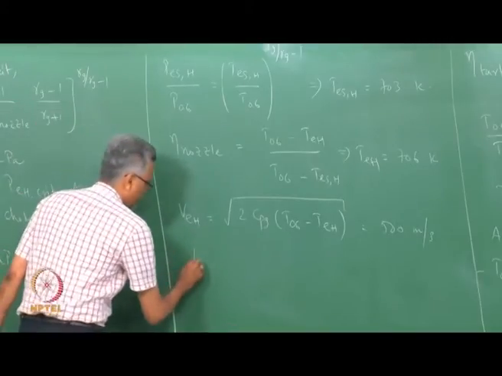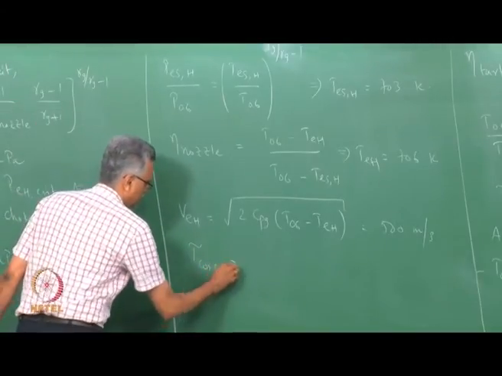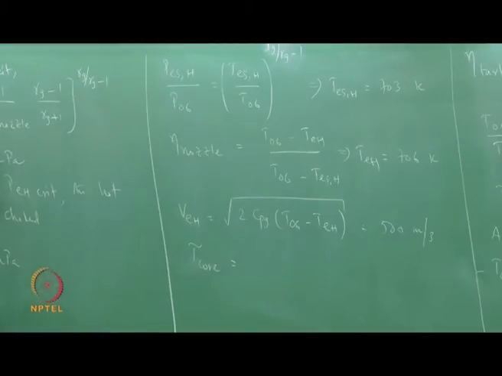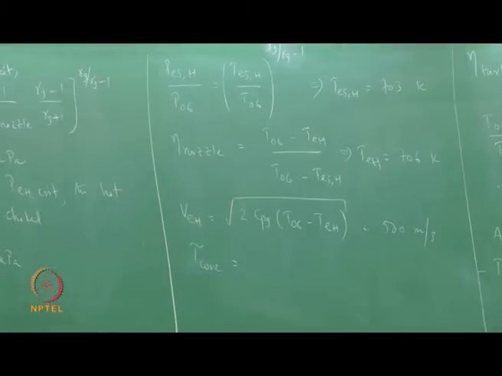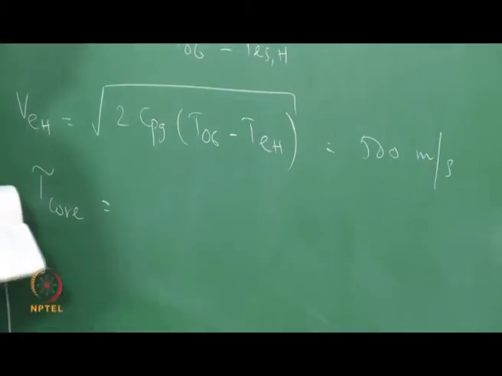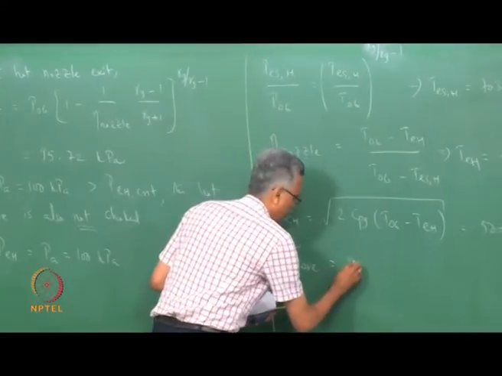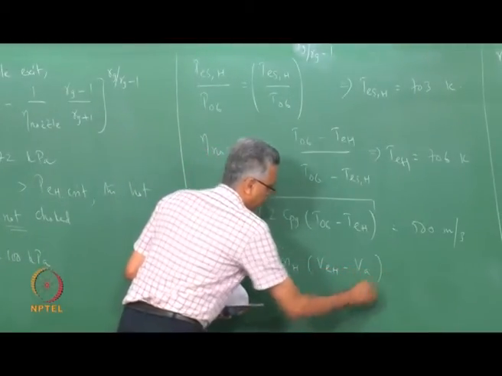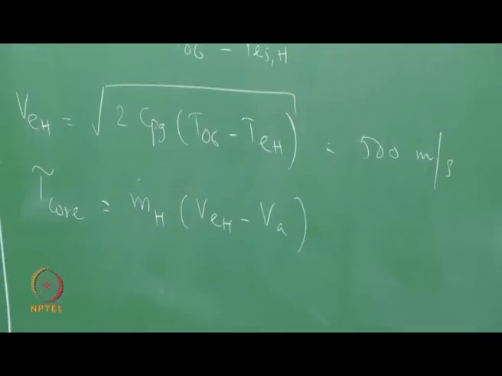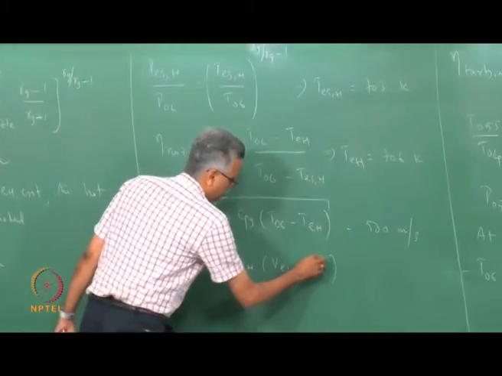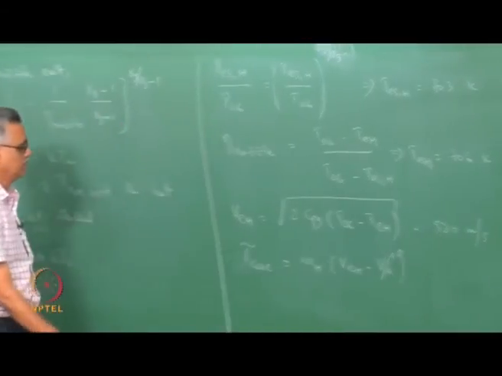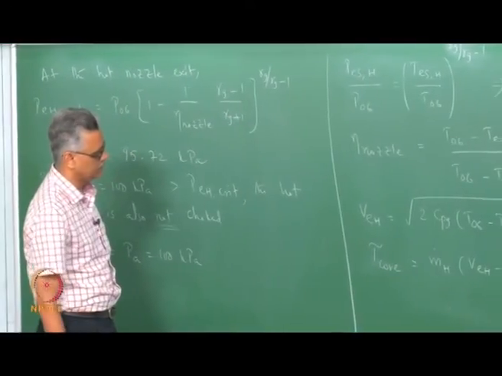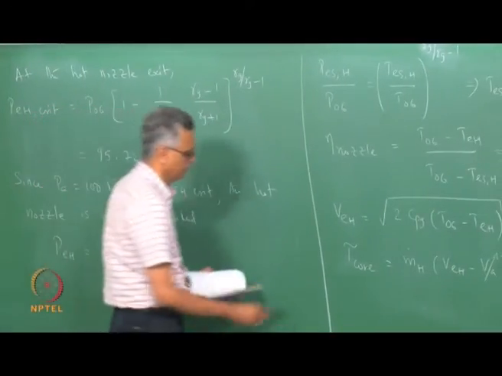So the thrust produced by the core engine, remember here also the pressure thrust is 0 because the nozzle is not choked, so PE is equal to P ambient. That means the pressure thrust is 0, so the thrust produced by the core engine is going to be m dot h times VEH minus VA, and VA is equal to 0, right, because the engine is on a static thrust stand.